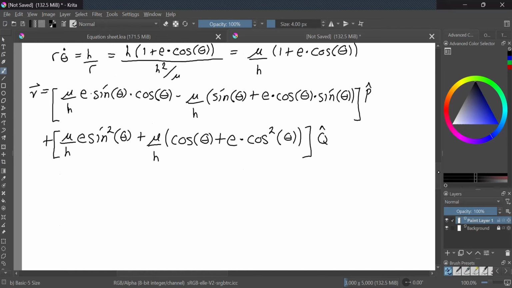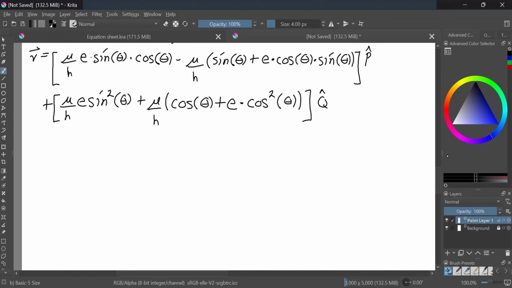All right. And now for my last trick, for this episode at least, I'm going to simplify it down as much as I can. So for p, we have a mu divided by an h, times, so we have an eccentricity sine cosine and eccentricity sine cosine.